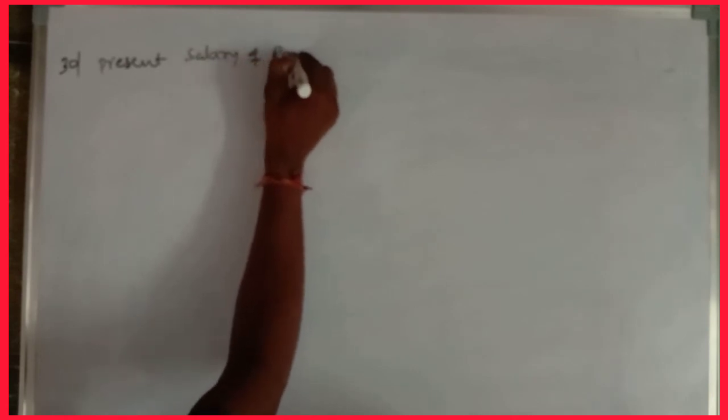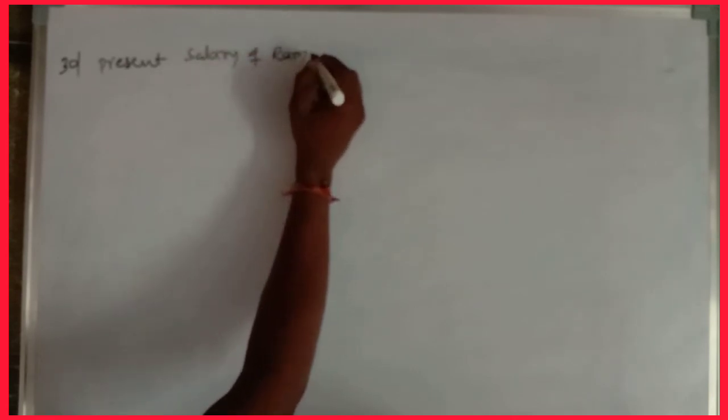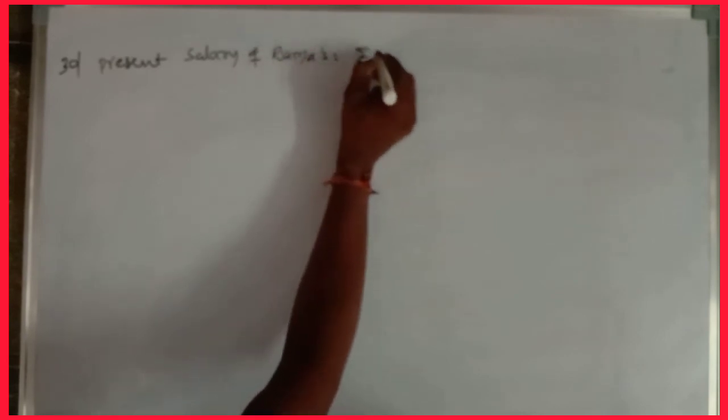So the next question is 30 question. Every year there is a 30% hike in Ramu's salary. If the present salary is 22,000, then find the salary after 2 years. So present salary of Ramu is equal to rupees 2000.